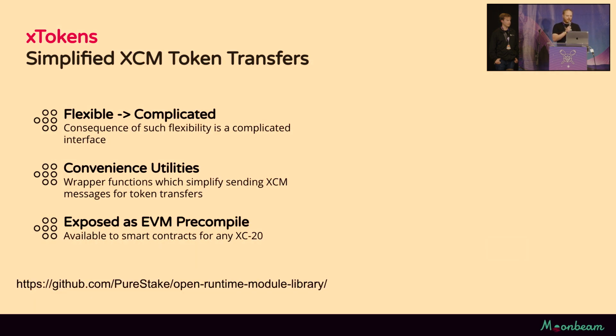One consequence of all this flexibility is that XCM can be very complicated to use. There exists a library called xTokens, which has a set of convenience utilities for using XCM in the simplified case where all it needs to do is transfer tokens. This is available in development versions of Moonbeam and is also exposed as an EVM precompile, allowing smart contracts to leverage it.